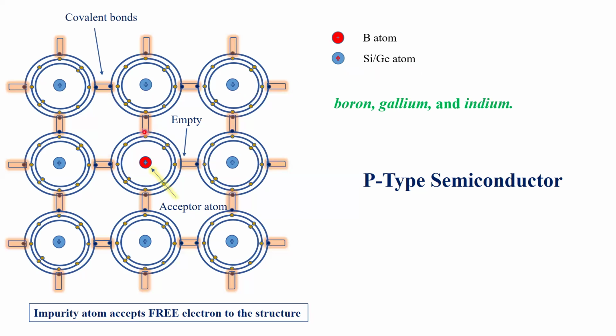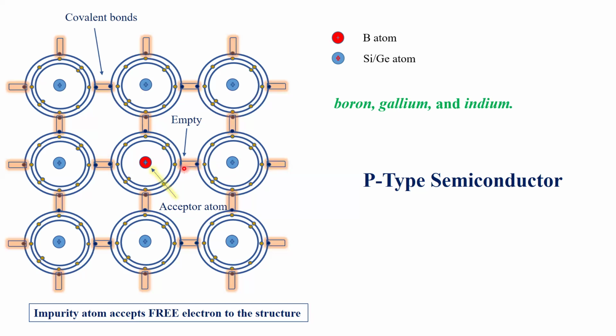One electron from the acceptor atom and one electron from the neighboring atom form a pair. This is also forming a pair, and this is also forming a pair. However, this valence electron from the silicon or germanium atom doesn't find an extra electron from the acceptor atom, for example boron, to form a pair with. So this covalent bond is not complete.